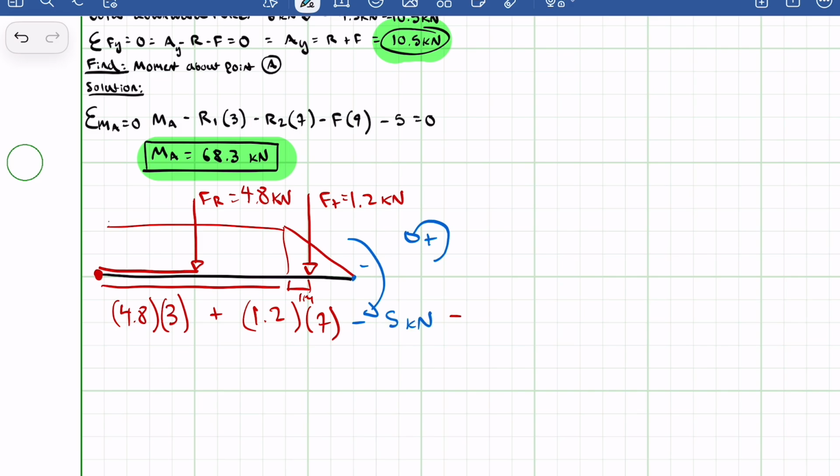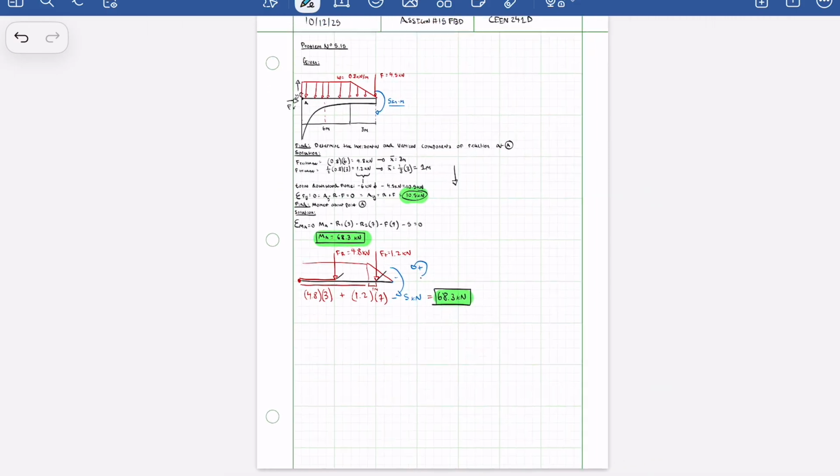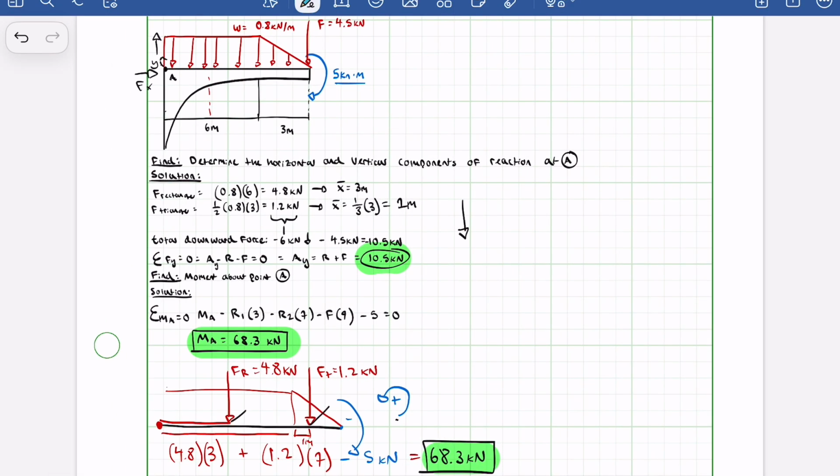If you do the math, you are going to get 68.3 thousand newtons in this case, and that is just your moment from your rectangle and your moment from your triangle plus your applied moment. It's just going to equal that. Pretty simple, but it could be a little tricky. Yep, and that's it.